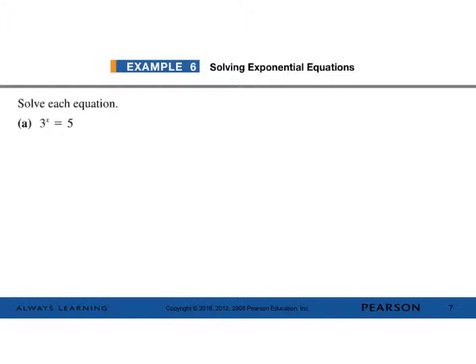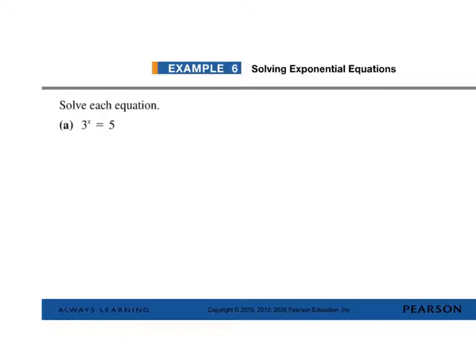So we're going to solve some logarithmic equations. And the first one that we have here is 3 raised to what power gives you 5. Now ordinarily, if 3 were a factor of 5, that would be fairly easy to solve. But 3 is not a factor of 5.